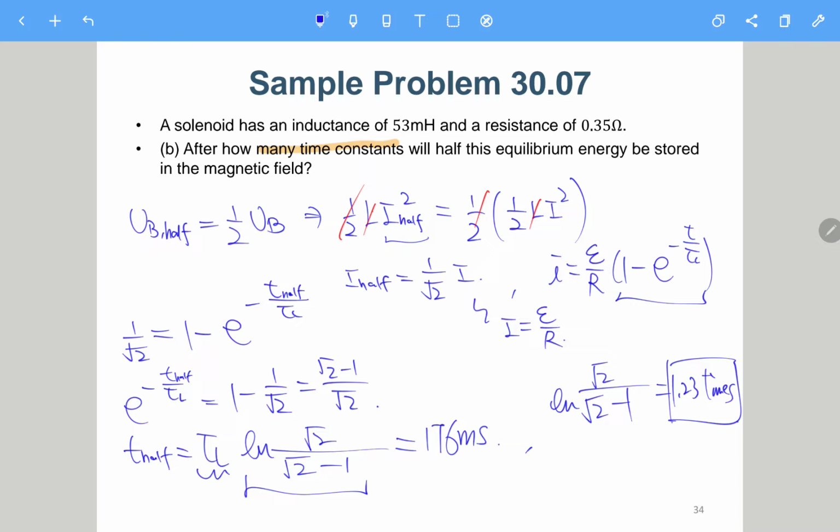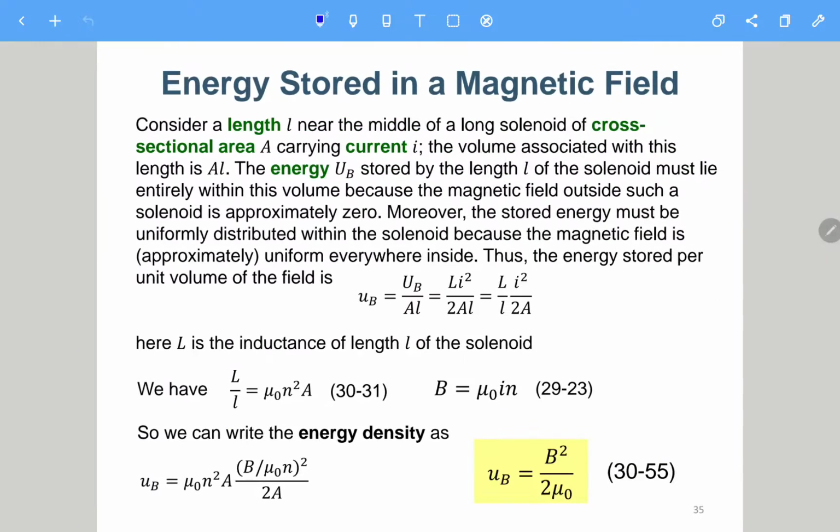Any questions? Here we also talk about the energy density stored in the magnetic field. Let's go through this part. Small u_B is the energy density, which is the energy over the volume.